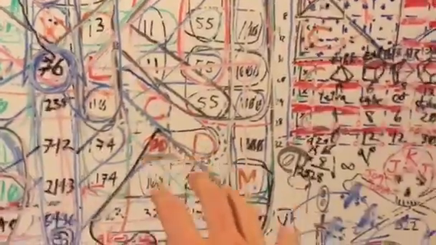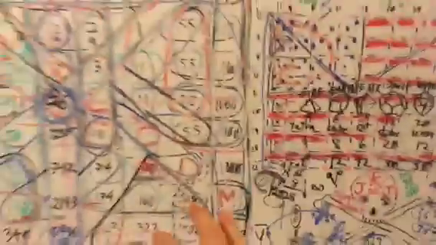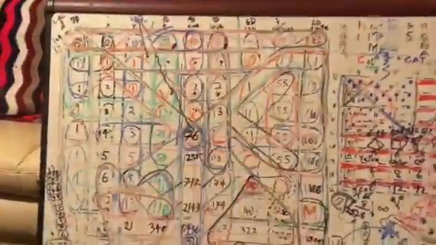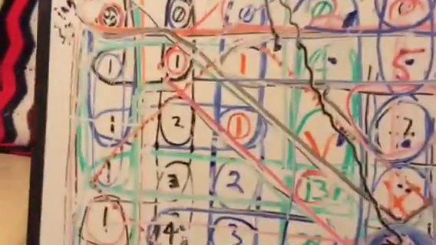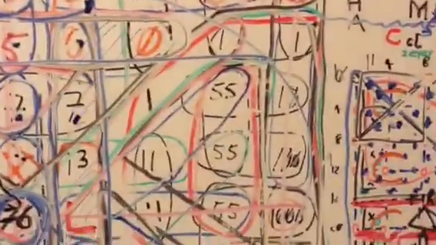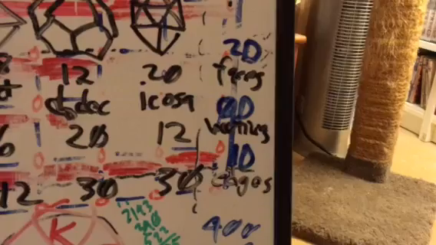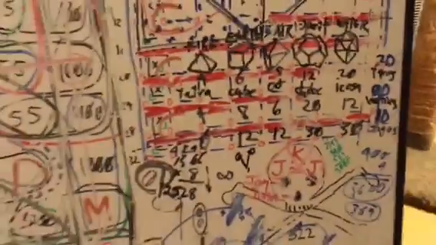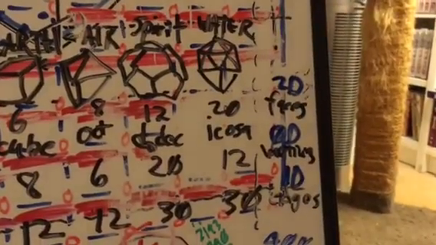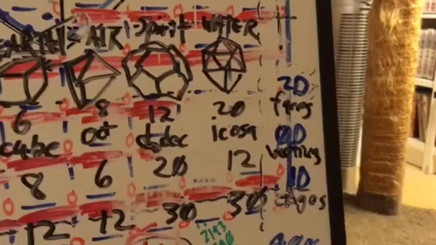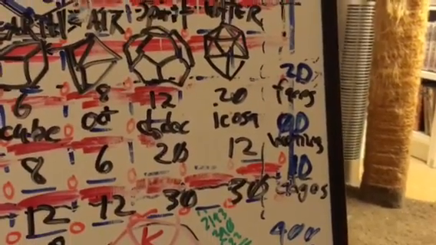So we have tetrahedron, cube, octahedron, dodecahedron. And now we're going to finish with the icosahedron, or water. It has 12 vertices. Now we're on to water. Water has 20 faces, and a dodecahedron has 20 vertices.